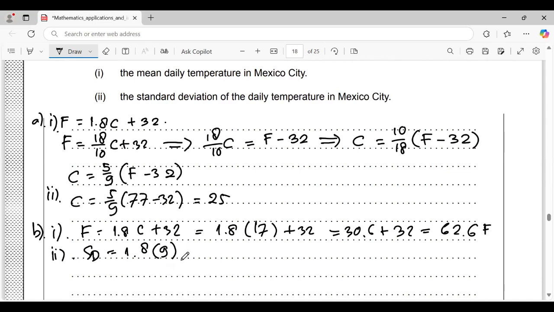Actually, there is no need to add 32, because we are just calculating the standard deviation. The standard deviation equals 16.2. There is no need to add 32 because 32 does not affect the standard deviation result. The standard deviation is 9, so we just multiply by 1.8.